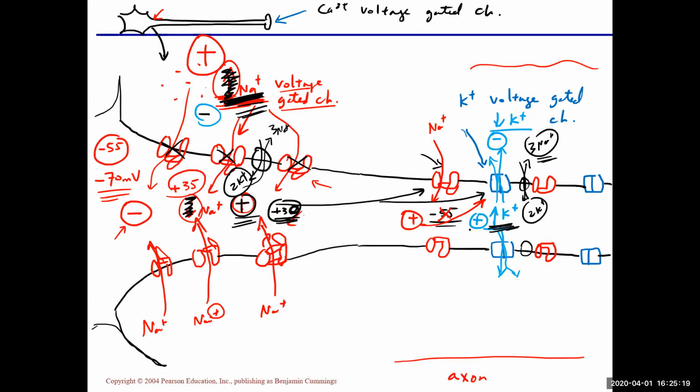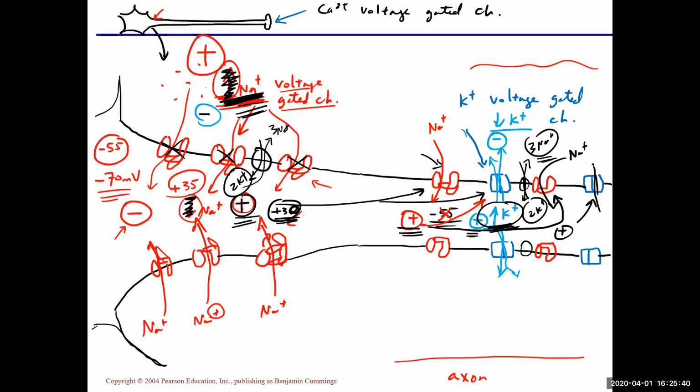In other words, this positive ion that we achieve, the depolarization, not only is going to open up the potassium channel, but the nearby is going to open up another sodium channel. So again, on this end, sodium is going to move in, depolarization is going to happen in here, and this depolarization is going to open up a potassium channel.